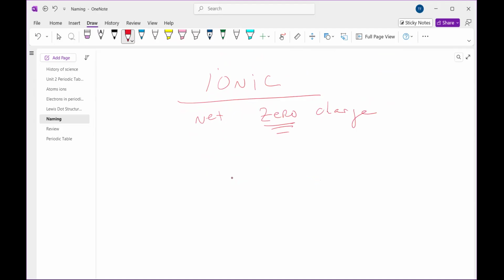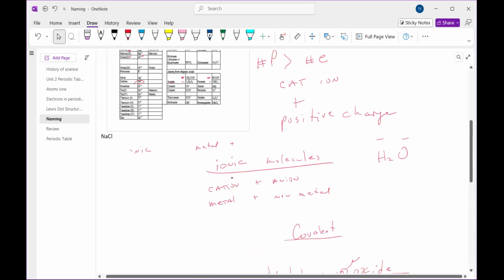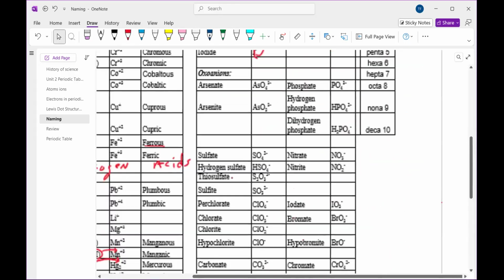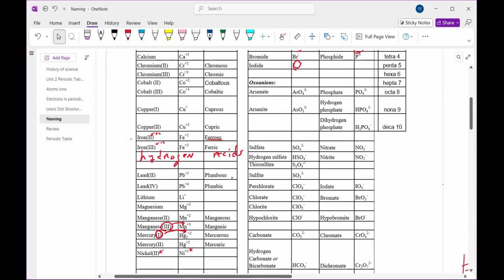Because ionic are positives and negatives, and those have to balance out so there's no charge. So if we look at the common ion chart again, notice every one of those has a charge associated with it. So step number 1 is, is this ionic or covalent? If it's ionic, we're going to use this convention we're going to talk about now.